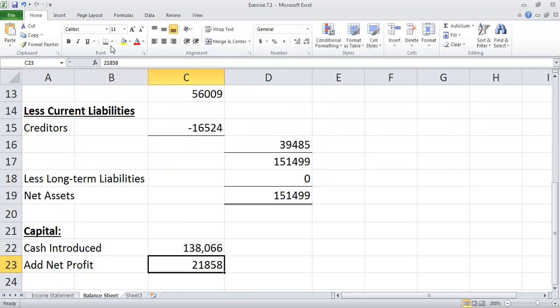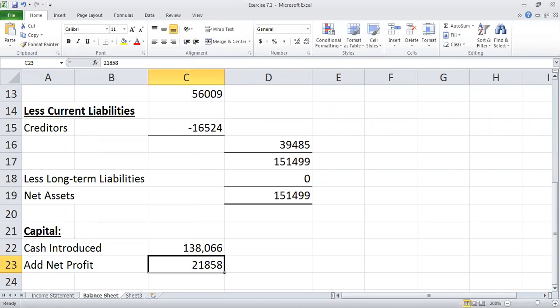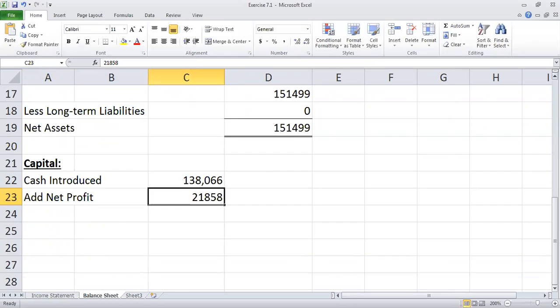Add those two together. So now 138,066 plus 21,858.